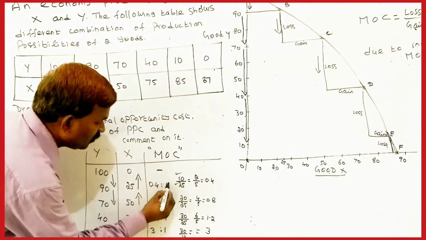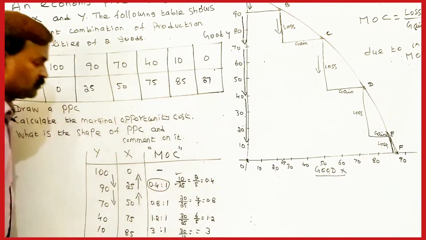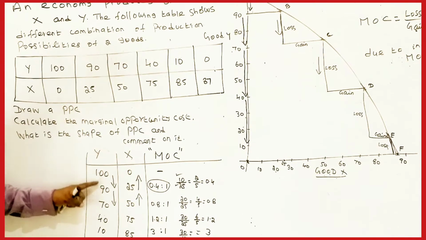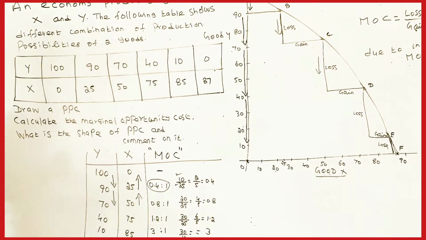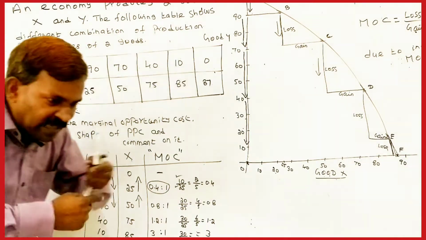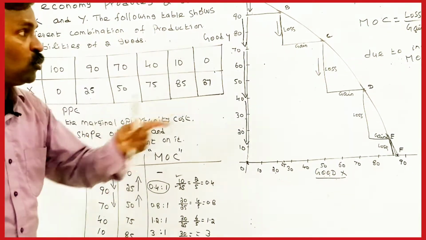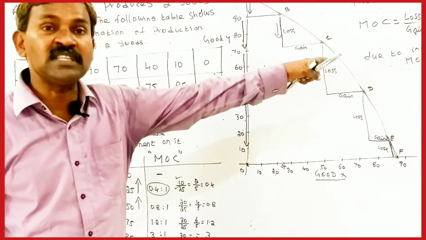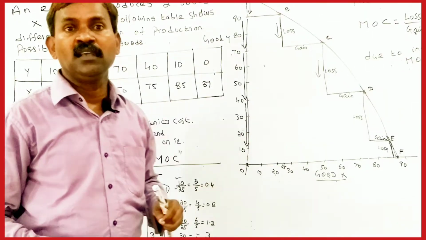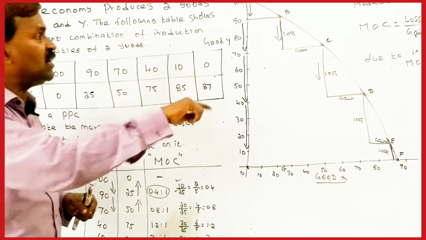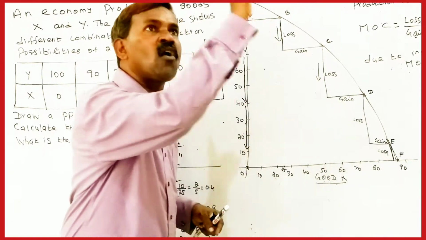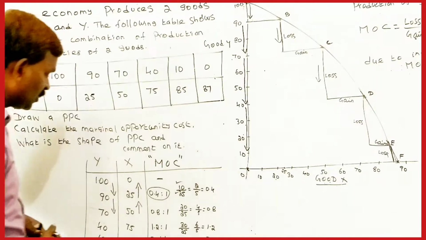So this is the marginal opportunity cost when you compare the second level with the previous level of output. When you keep on calculating marginal opportunity cost, you will come to know that MOC is increasing. It is because of increasing MOC that the shape of the PPC is concave. Now look at the third level.